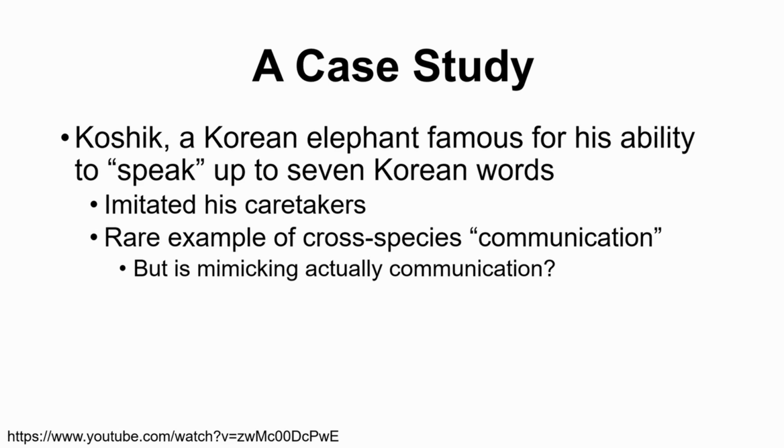So when I was exposed to this one special case study of PSYCH, who is a Korean elephant, this was one of those stories that was famous in news headlines for a very brief window because PSYCH can speak up to 7 different Korean words, with the potential for learning more as time goes on.